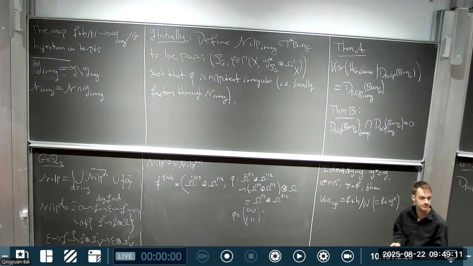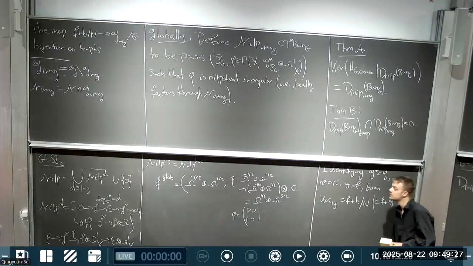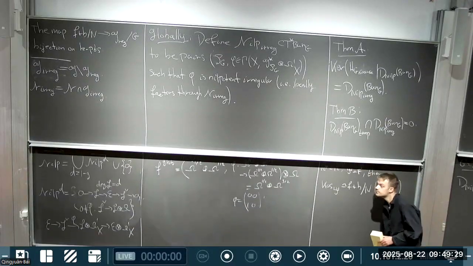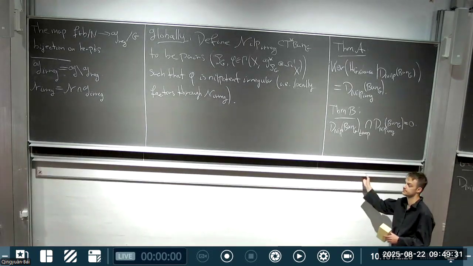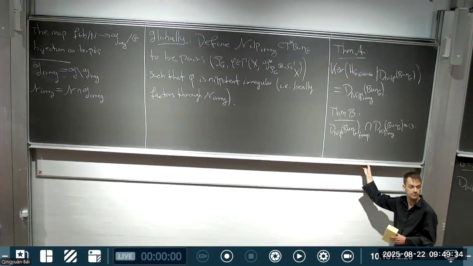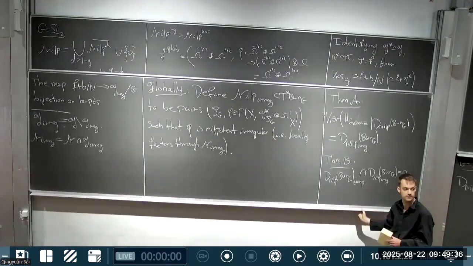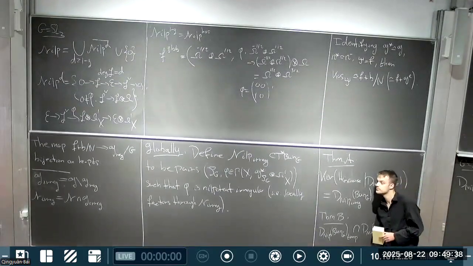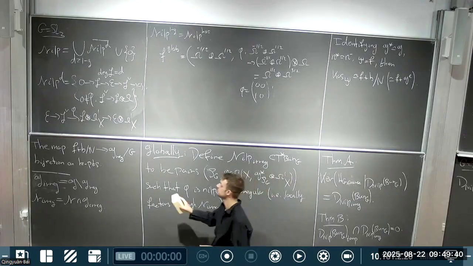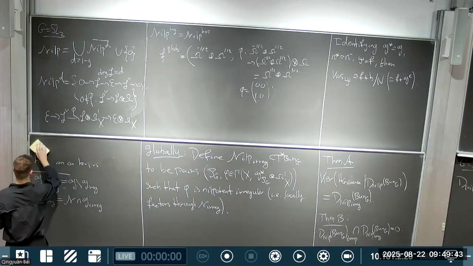So we ask, how can a Higgs field be nilpotent? There are two ways. Either it's zero everywhere, or if it's not zero, then it will be generically regular nilpotent, but it can still be zero at some points with some multiplicities. So there is a component where the Higgs field is never zero. That's the first. Then there are components where it's not zero generically, but it still vanishes with certain multiplicity.